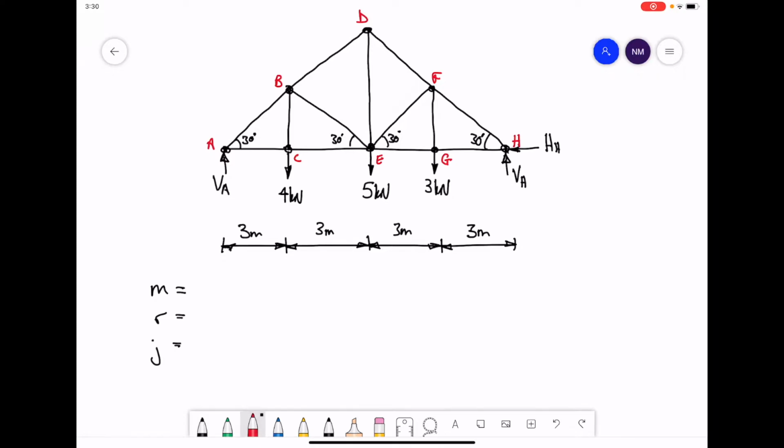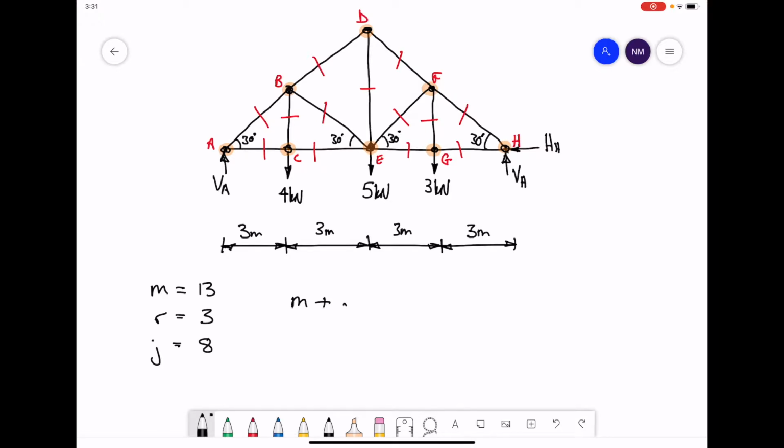Number of members: 1, 2, 3, 4, 5, 6, 7, 8, 9, 10, 11, 12, 13. Number of reaction forces: VA, VH, HH gives us 3 reaction forces. Number of joints: 1, 2, 3, 4, 5, 6, 7, 8.